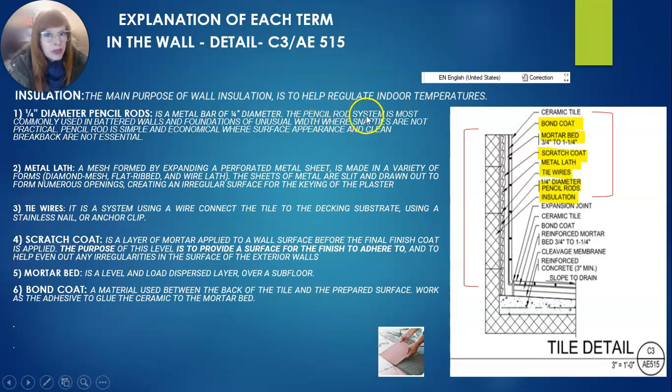The pencil rod system is most commonly used in battered walls and foundations of unusual width, where snap-ties are not practical, and pencil rod is simple and economical, where surface appearance and clean brick bed are not essential.